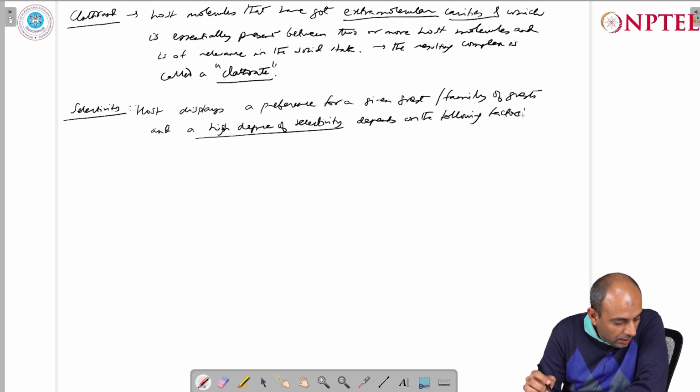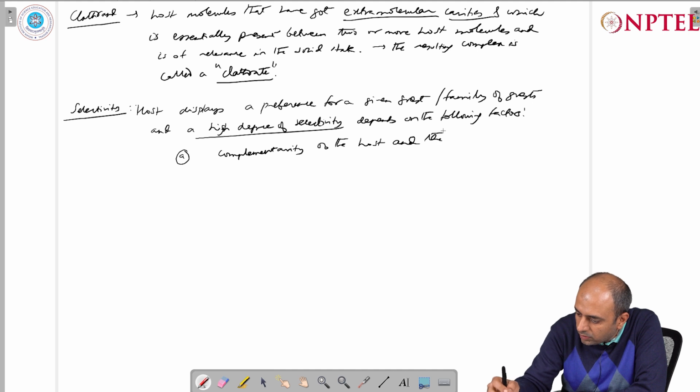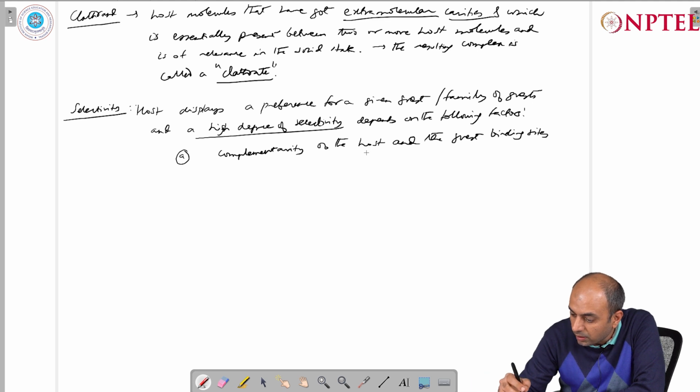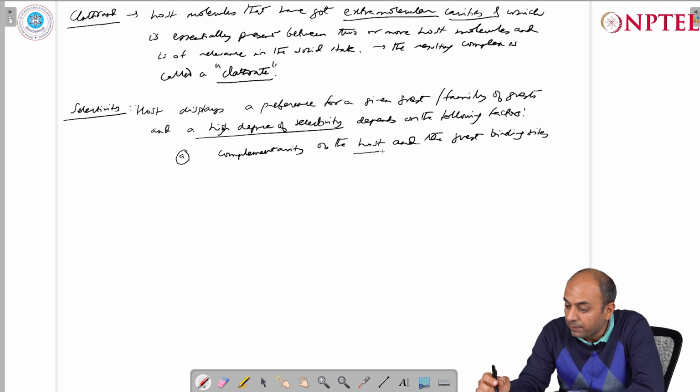It depends upon the complementarity of the host and the guest binding sites. We already discussed that hosts are characterized by converging binding sites and the guests are characterized by diverging binding sites.